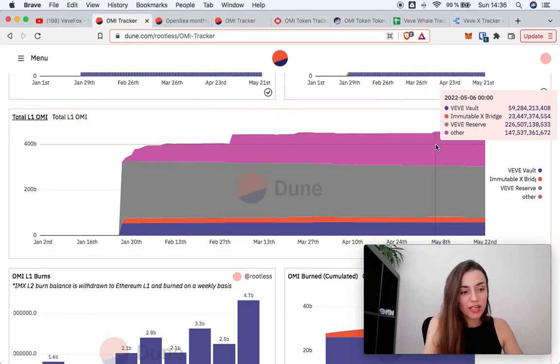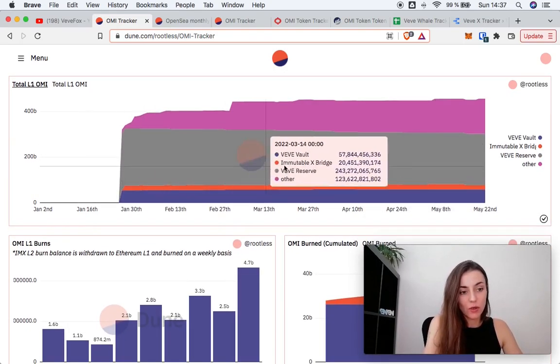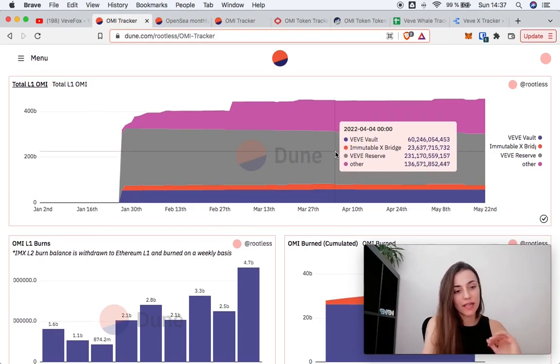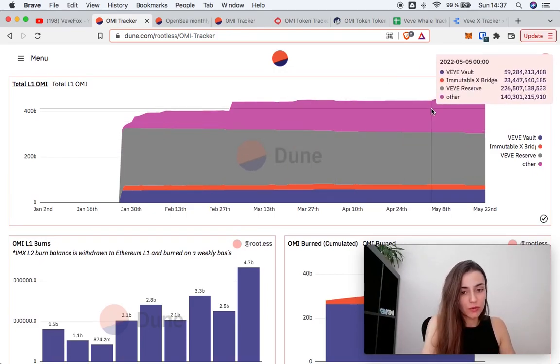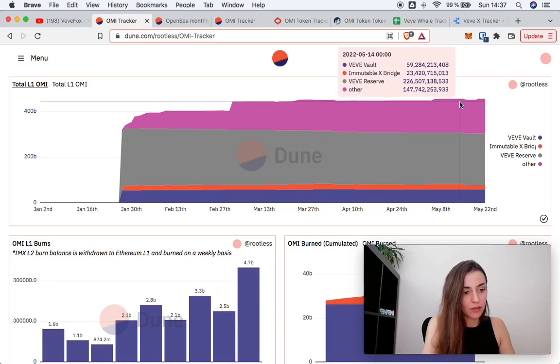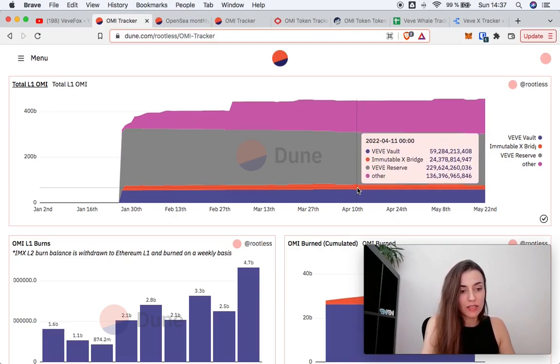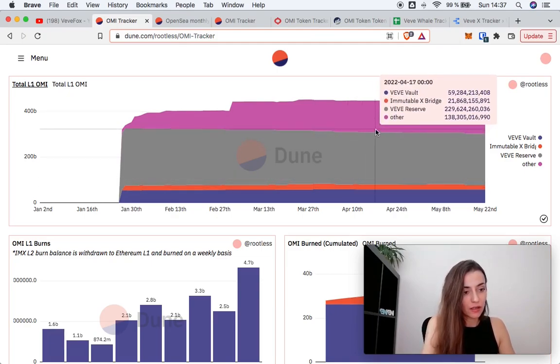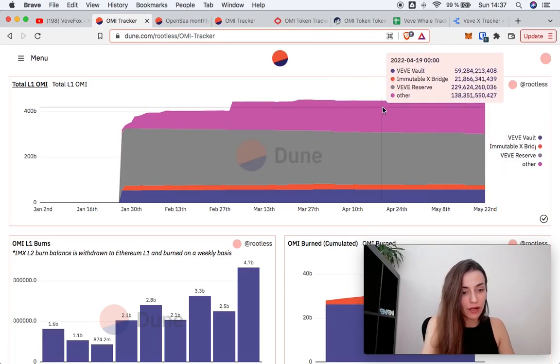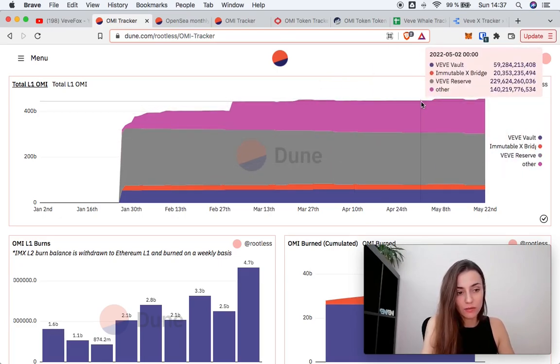And then this chart shows all the OMI stacked, and the colors refer to where the OMI is. So you have the Veve Vault, which is the dark blue, the Immutable X Bridge, which is the orange, then the Veve Reserve, which is the gray area, and then all the rest of the wallets would be the pink color.